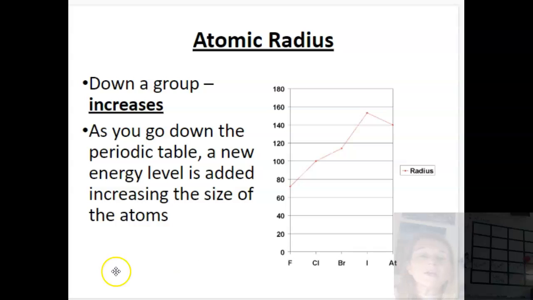Fluorine's electron is being added in the second energy level, chlorine in the third, bromine in the fourth, iodine in the sixth, and astatine in the seventh. Oh, was iodine in the fifth? Iodine was in the fifth. Astatine is in the sixth. Now notice we have a little d.